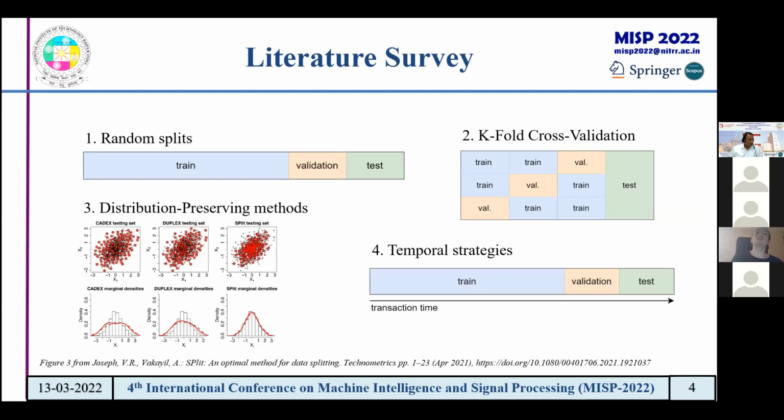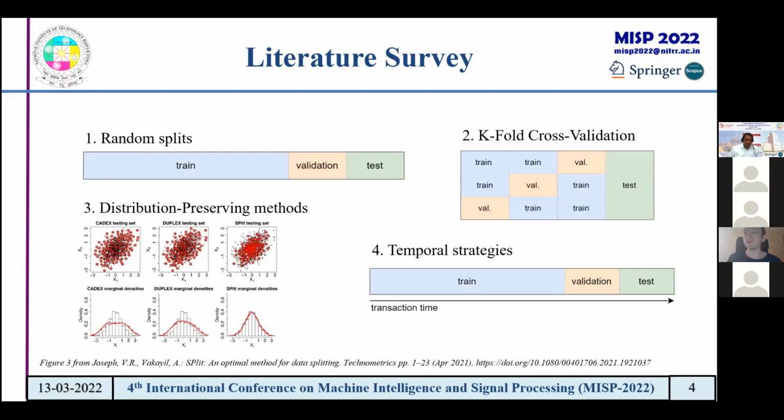The second common solution is the usage of distribution preserving methods. They solve the problem in some domains, but they are hardly applicable to recommender systems because of the nature of their datasets. They always contain some IDs and so on.